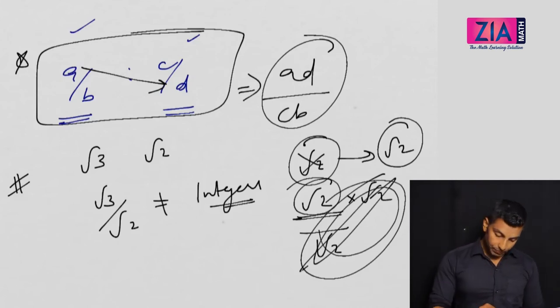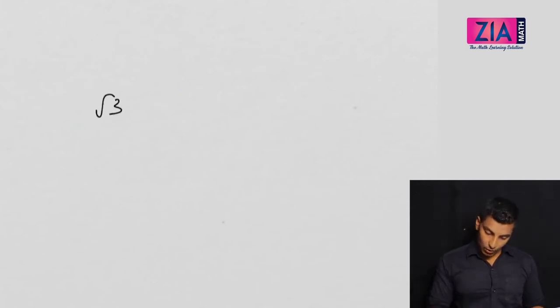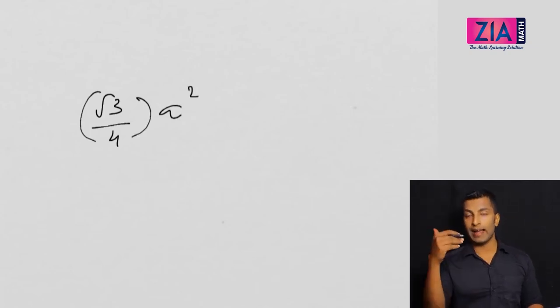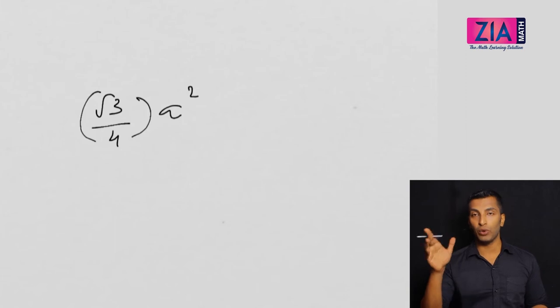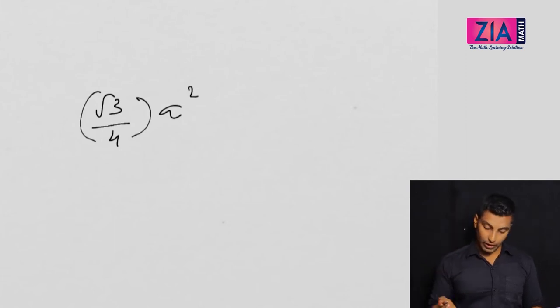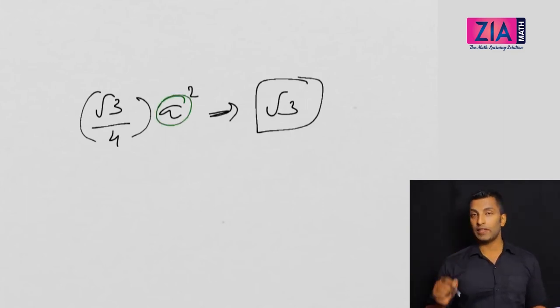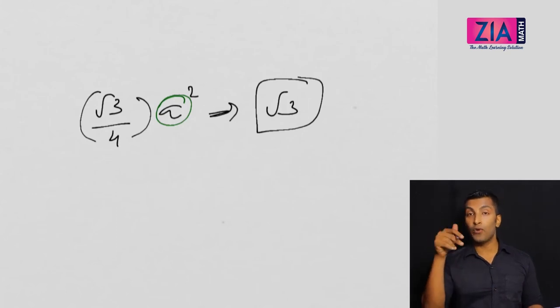Now if you want an example, let's take the area of an equilateral triangle. That is root 3 by 4 a square, right? Root 3 by 4 a square, or the height, if the question is root 3 by 2a. So root 3 by 4 a square. Now when you solve this, you should get root 3 in your option. So what is the only way in which you should not get root 3 in your option? The side of the equilateral triangle should be the 4th root of 3.